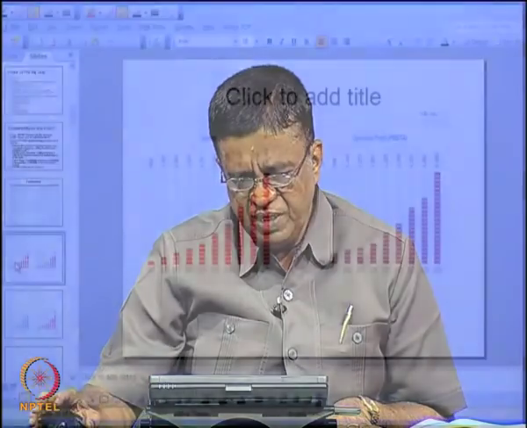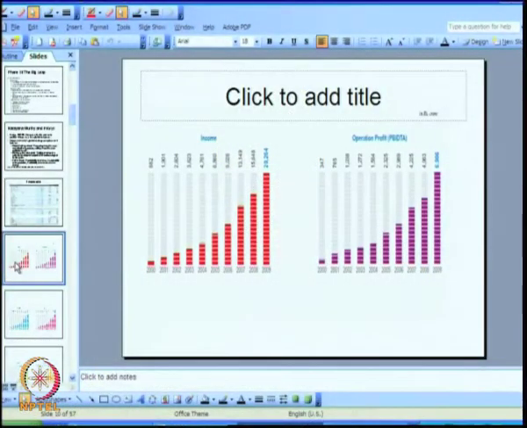Now, if you really see, the students have analyzed the income of Infosys going from 2000 to 2009, in rupees crores. Then the operating profit, the profit before interest, depreciation and taxes, how has it gone?